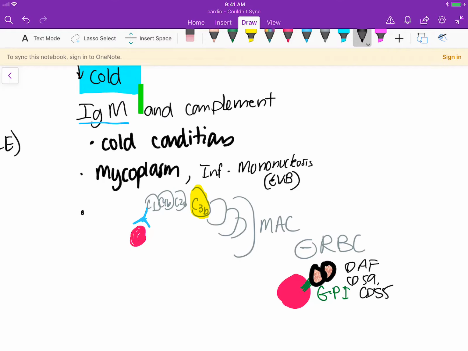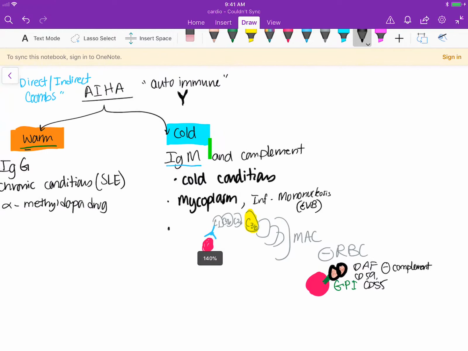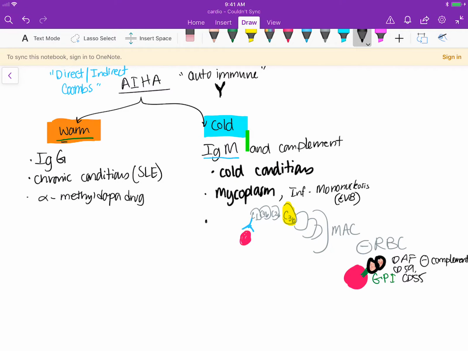So think of these proteins as big cutters. They inactivate complement. However, you will have some residual C3b left over, and this C3b is an opsonin. It tells the splenic macrophages, hey, it's time to eat these red blood cells, and you get spherocytes instead.